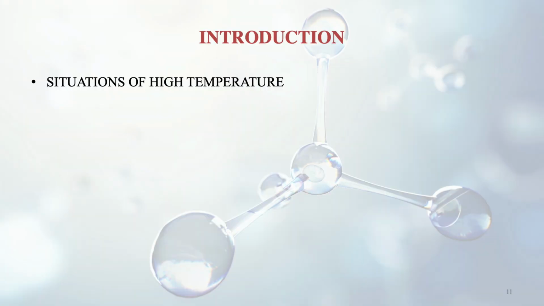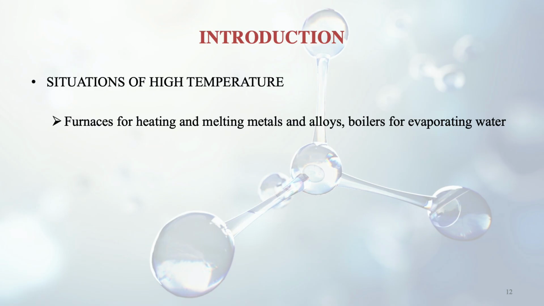In the introduction to this unit, we will discuss the situations of high temperature which arise in practical life. The very first one is the furnaces which we use for various purposes, like we learnt in iron ore extraction and then steel, where we were using furnaces. These are meant for heating and melting metals and alloys. Then we have boilers for evaporating water.